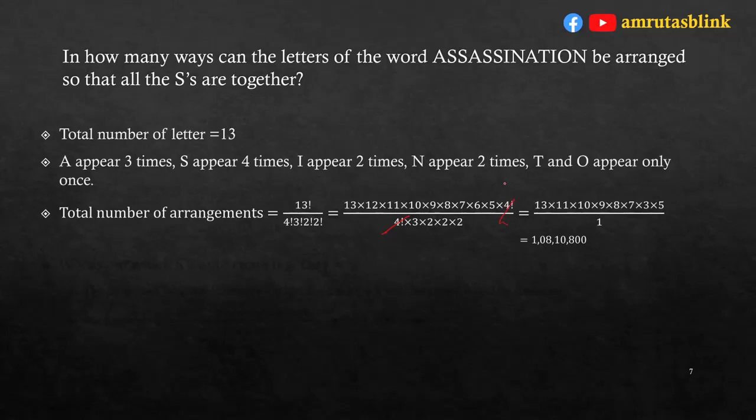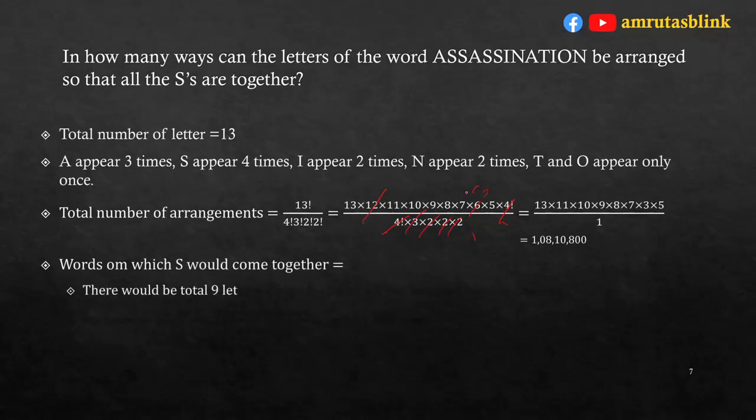So this 4 factorial will get cancelled. Then this 3, 2, 2 and this 12 will get cancelled. This 2 ones are 2, 2 3s are 6. So we have 13 into 11 into 10 into 9 into 8 into 7 into 3 into 5 divided by 1, that is 1,08,10,800 words are there.